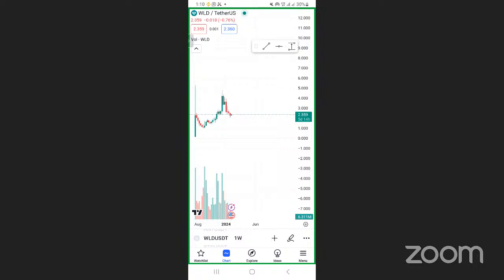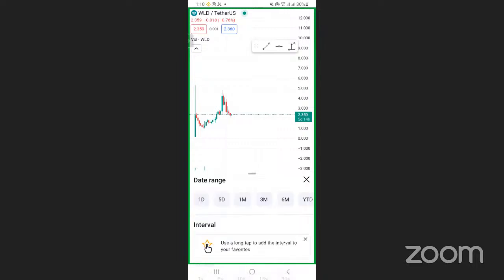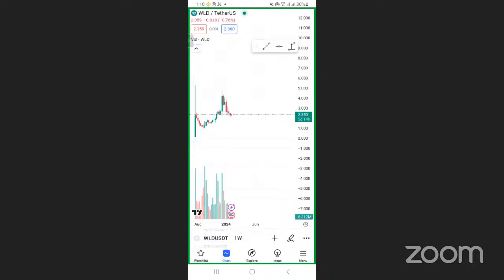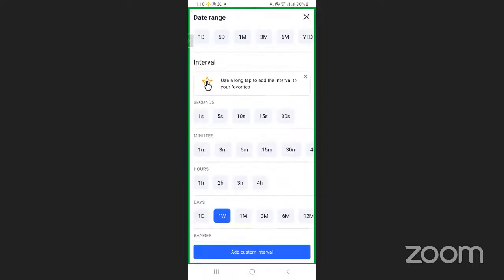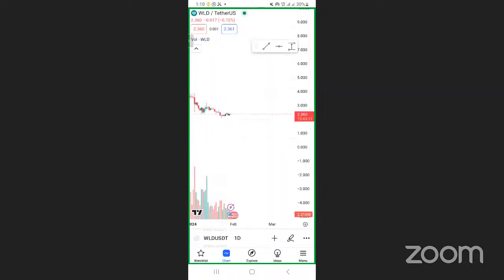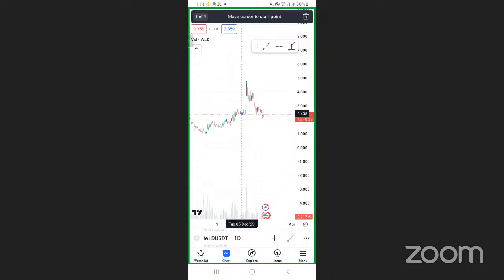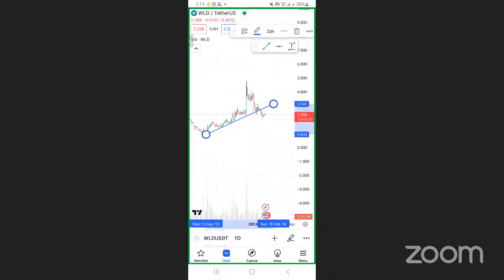So you can open, like what I do, if I look at 1 week time frame, surely it cannot tell us much because this is a new coin. Then if I look at the 1 day chart, the 1 day chart will show you that at this point, this coin was going up, but later on, it lost the trend line.